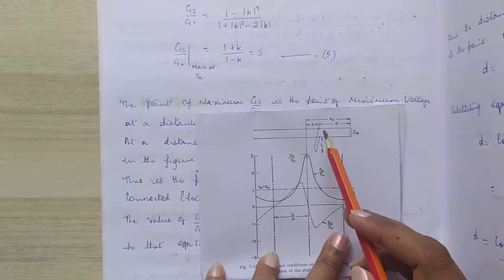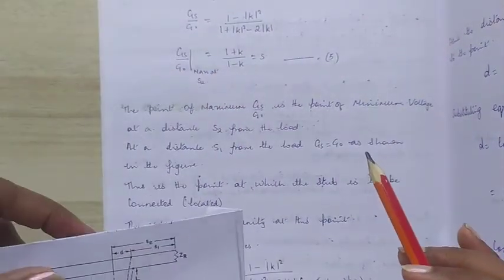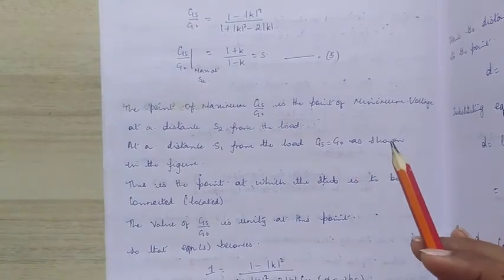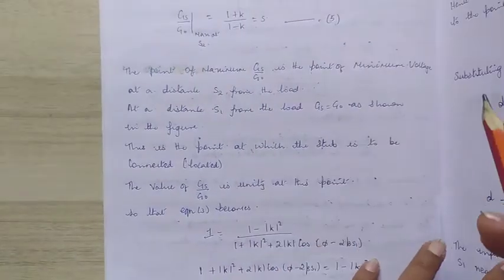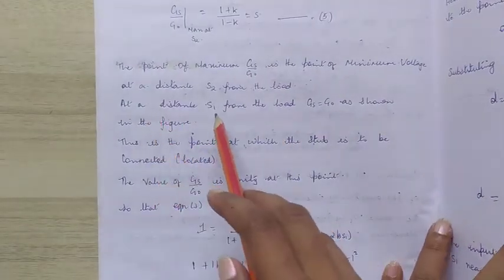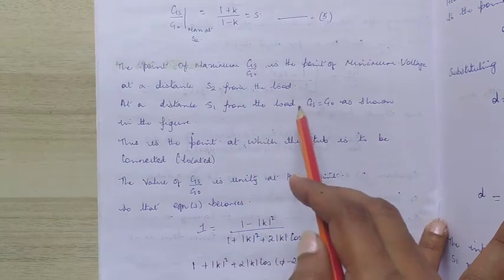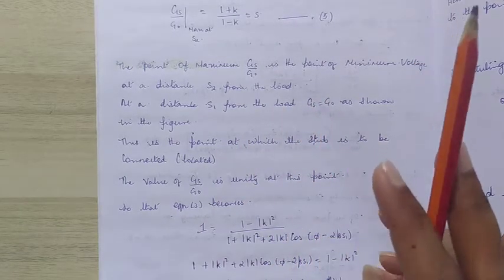So making that substitution, at a distance of S1, we've already seen in the figure that Gs is equal to G naught, which means that Gs upon G naught is going to be equal to 1.